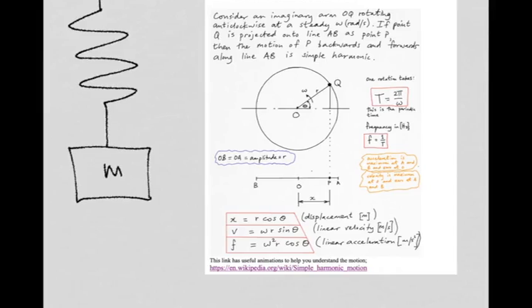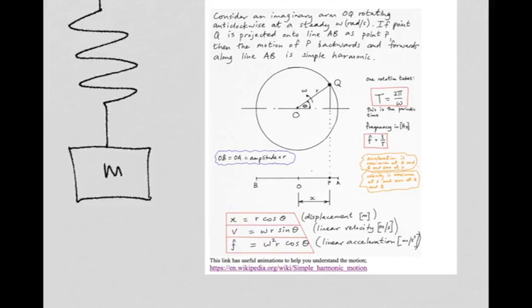The velocity of point P at any instant is found with omega r sine theta, and the acceleration is omega squared r cos theta. The units, of course, would be meters for displacement, meters per second for velocity, and meters per second squared for acceleration.